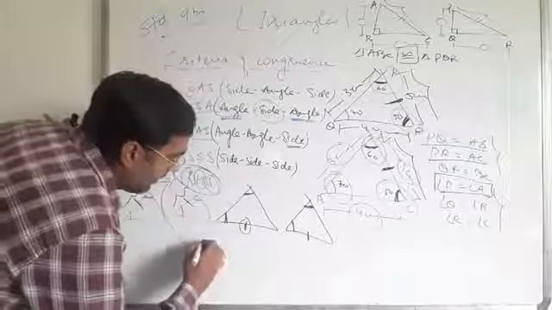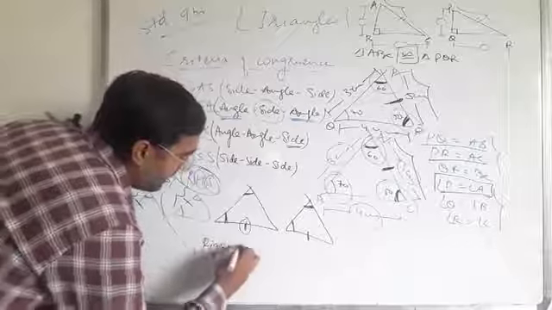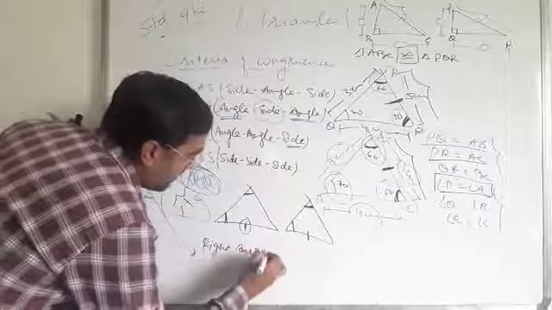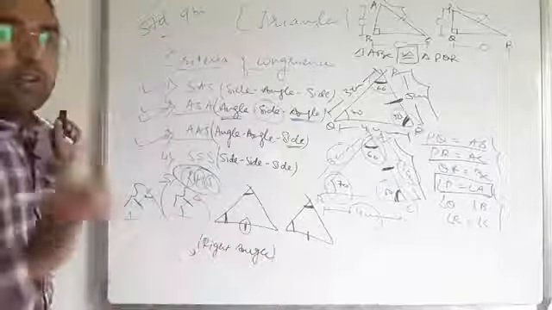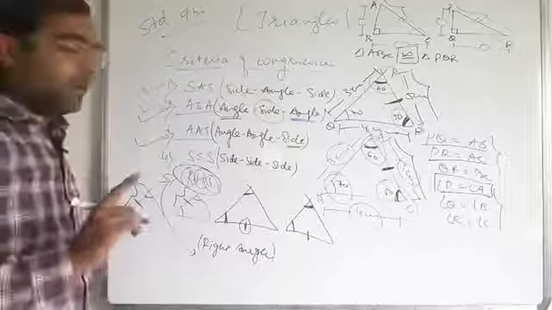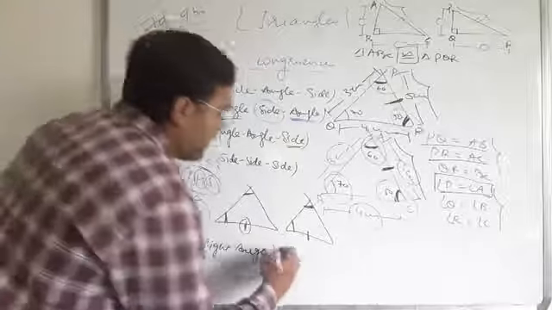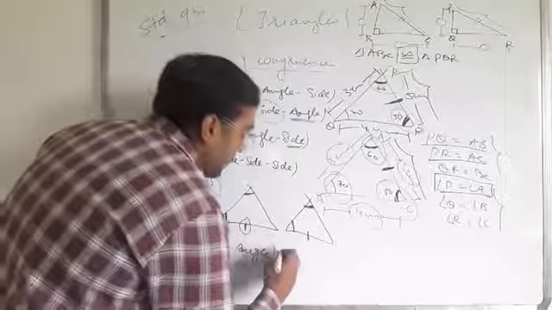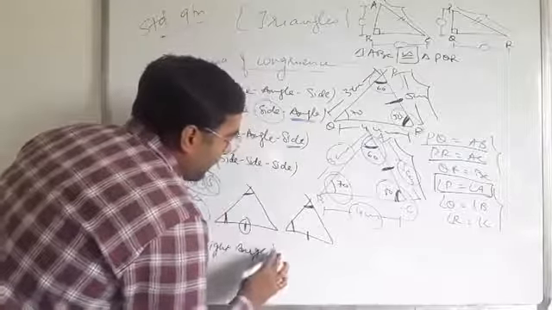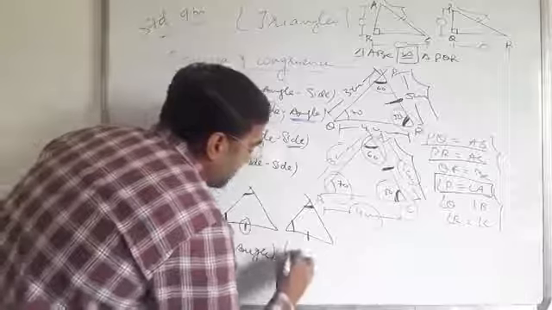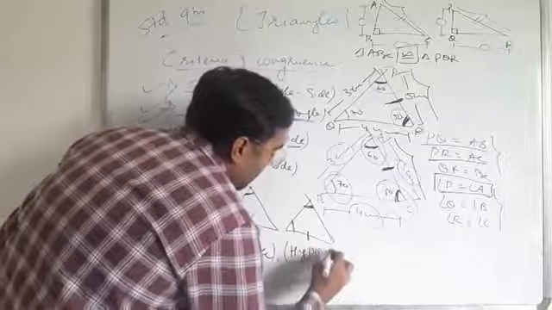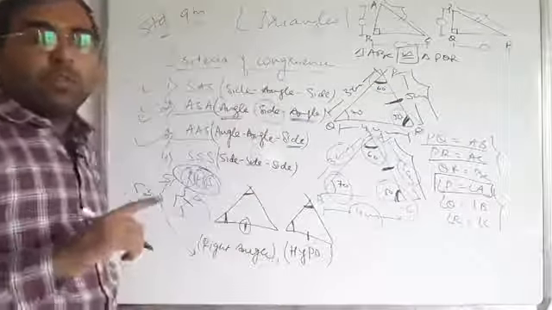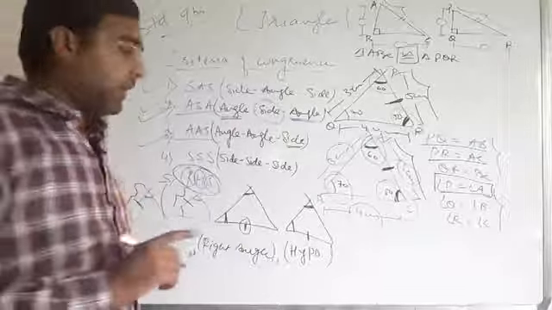In RHS, one right angle must be given from all the angles. Second, the hypotenuses of both triangles must be equal.